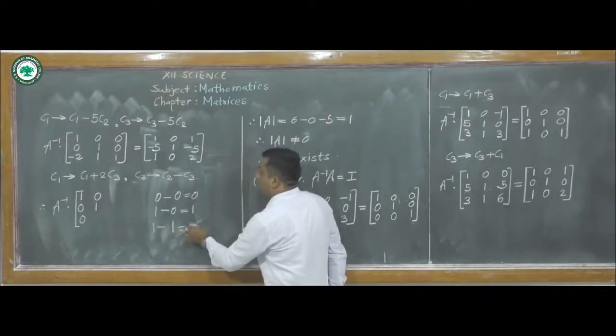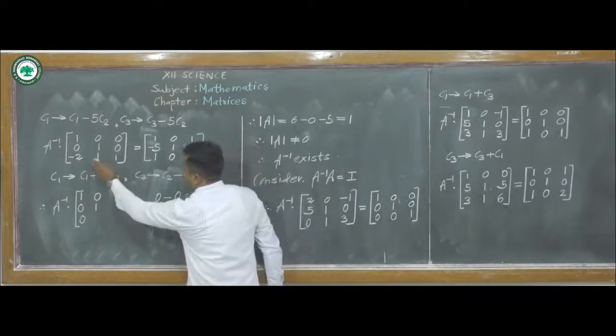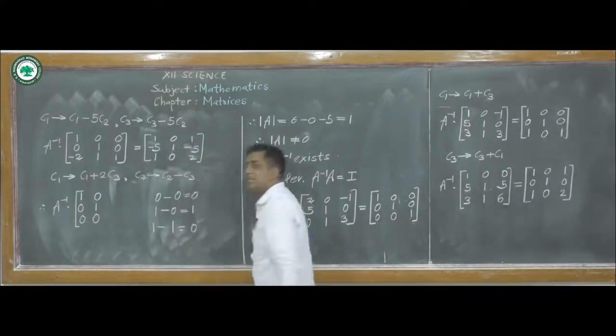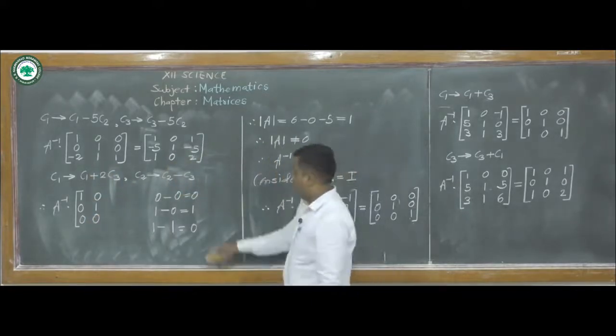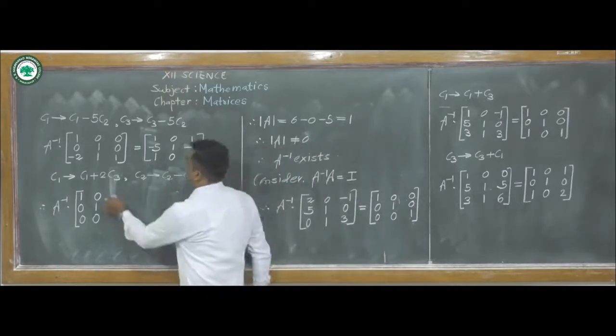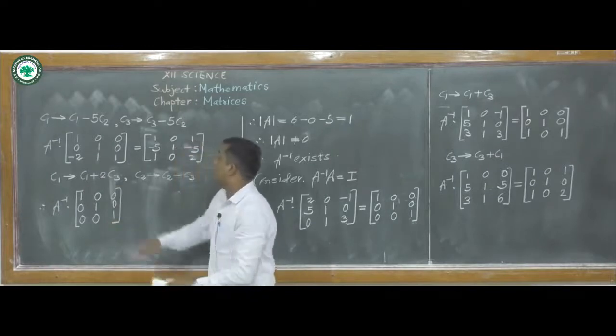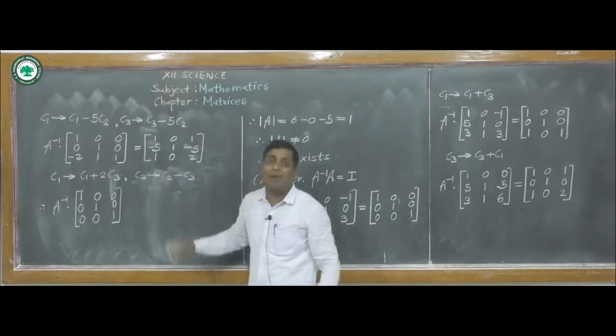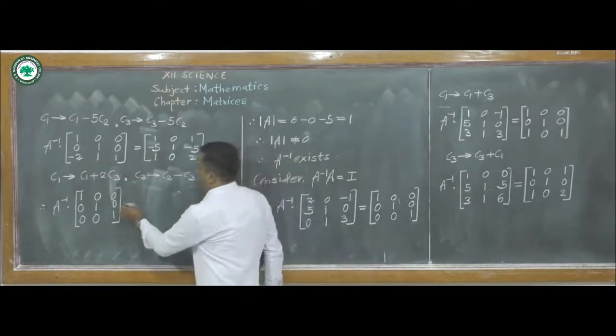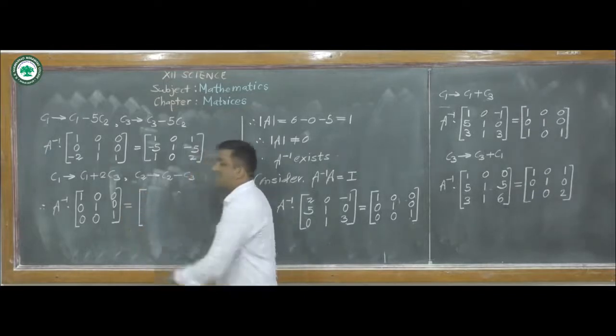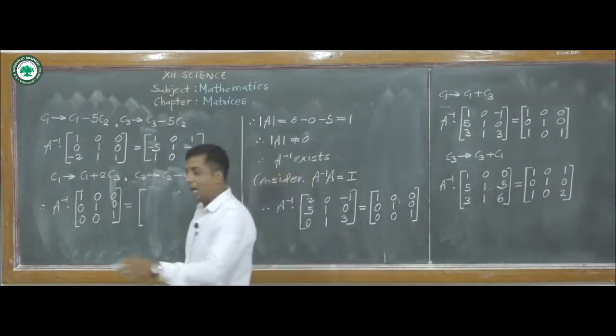We know 1 minus 1 is 0. So here in the position of 1 we get 0. Now we keep our third column as it is, since the change is in column first and column second only. This is equal to, now we perform the same transformation on the RHS.